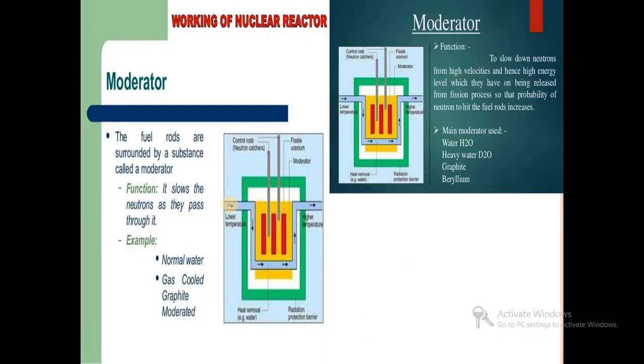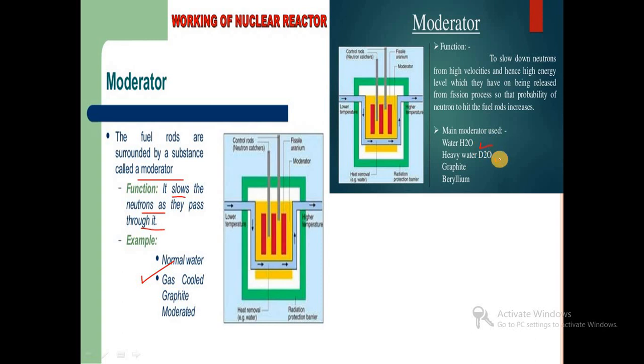Here are some pictures which show the moderator. The fuel rods are surrounded by a substance called the moderator. What is the function of the moderator? It slows the neutrons as they pass through it, and examples are deuterated water or normal water, that is, water and heavy water.